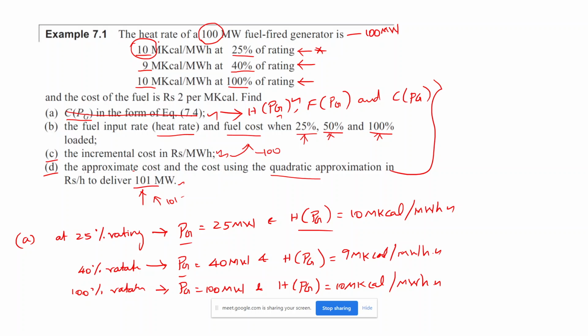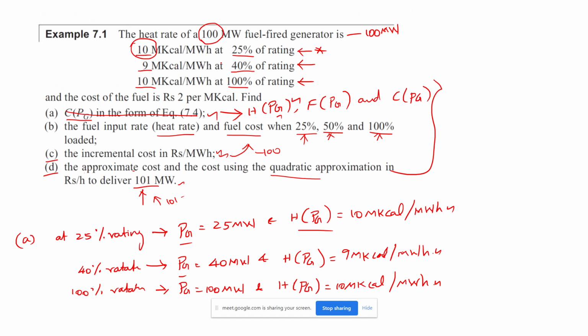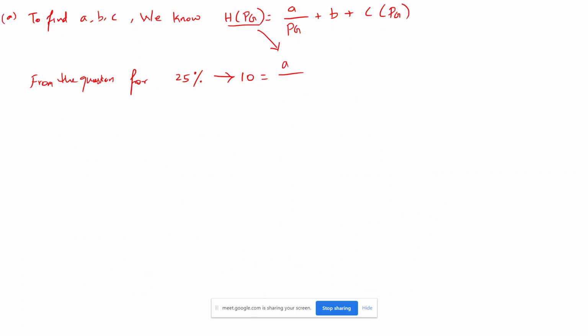It is 10, right? So 10 is equal to A divided by, what is the Pg for this 25%? It is 25 megawatt, right? So 10 is equal to A divided by 25 plus B plus C into 25, and I will call this equation 1.